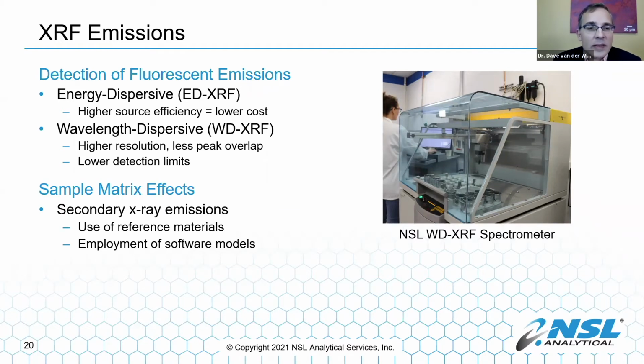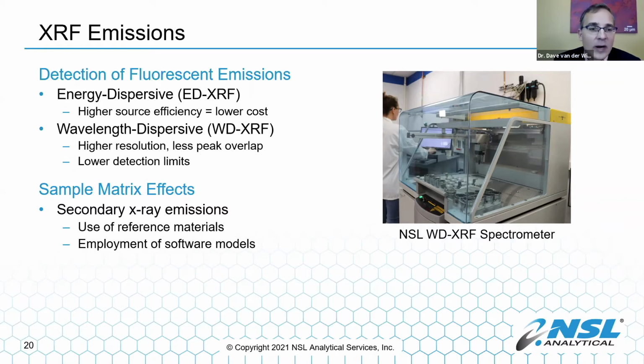One of the issues with XRF is sample matrix effects. Those come from two sources. One is the secondary X-ray emissions. Normally you want those X-rays to lead to the fluorescent photon emission, which is what we want. But sometimes they actually form secondary X-ray emissions.